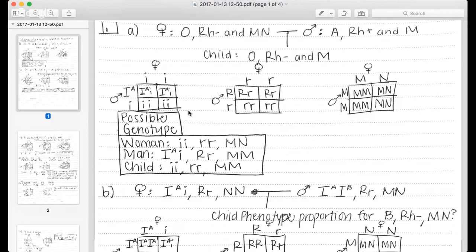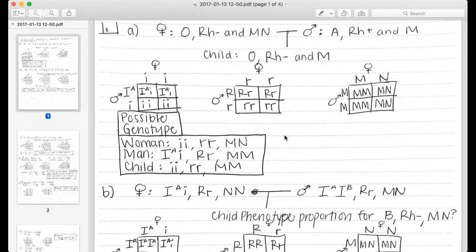The same thing with the R, because lowercase r is the only thing that can be Rh negative. And the same thing shows over here with the Ms and the MNs. So the woman is MN and both the male and the child are MM.